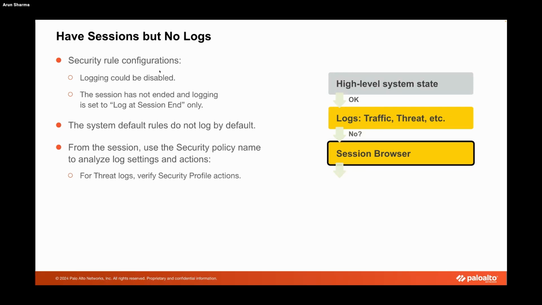Then we move forward towards the PCAP and the global counters, which will give us more information. We don't have to do this in every scenario, but there are a few scenarios where all these logging stats don't help us. So we have to go up the troubleshooting ladder.